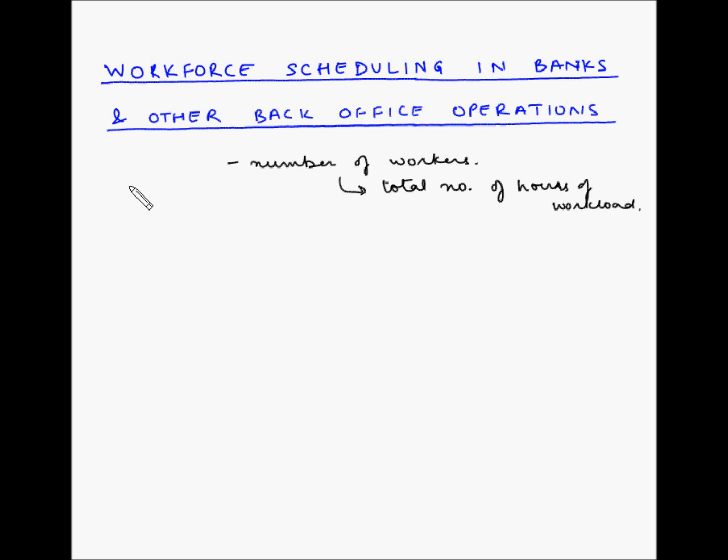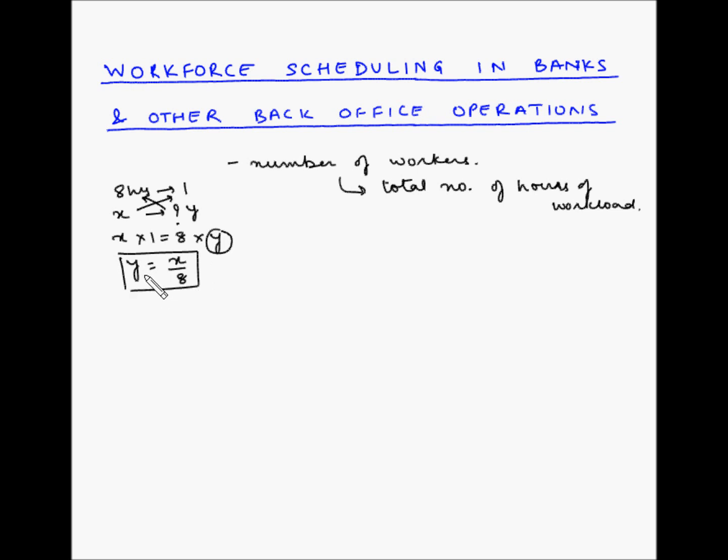So basically, for 8 hours, you need one worker. So let's say the total number of hours of workload is X. So how many will you need? So simple cross multiplication, X multiplied by 1 is equal to 8 multiplied by, let's say this is Y. So here we need to find out Y. So Y is equal to X divided by 8.